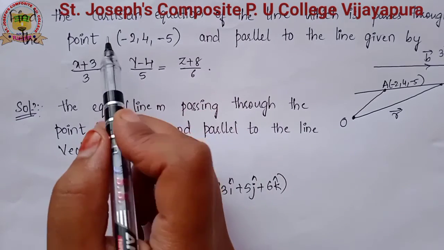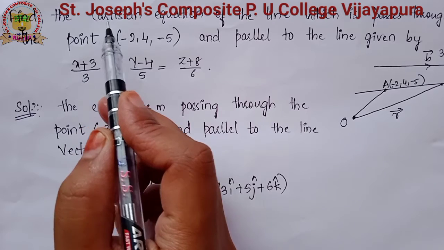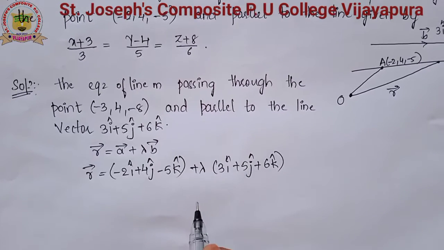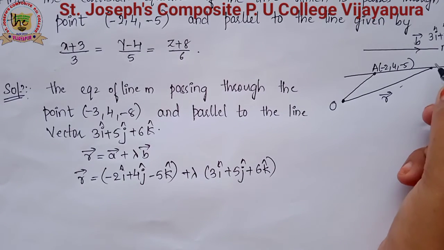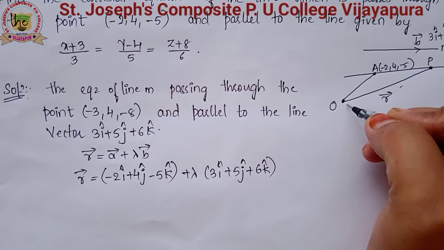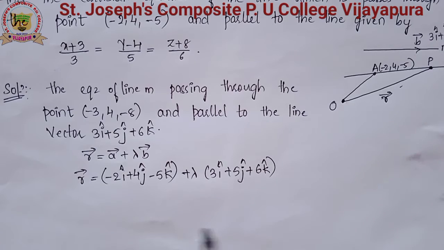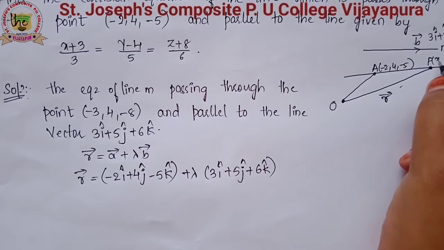But in our question they are asking to find the Cartesian equation of the line. So we have to convert this vector form to Cartesian form. Here r vector is the position vector of P, any point joined to the origin, and its coordinates I will take as x, y, z.